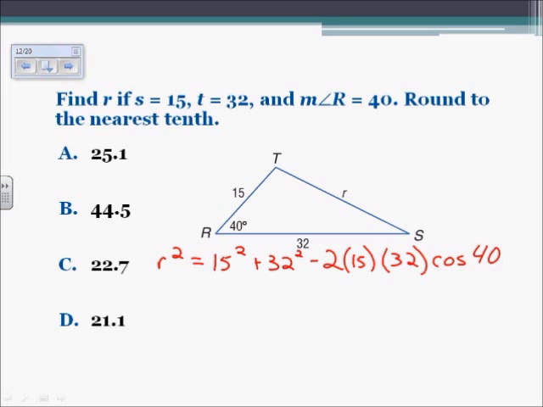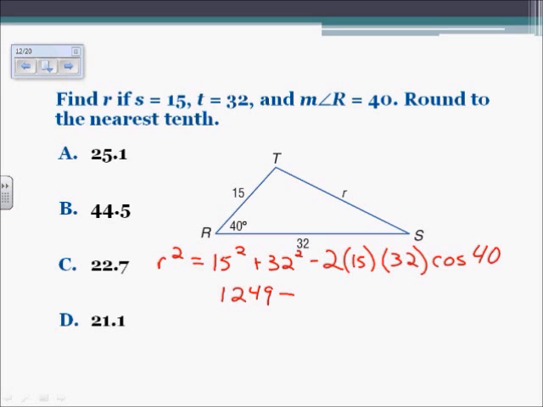Okay, simplifying here, let's take 15 squared plus 32 squared. So 15 squared plus 32 squared is 1,249. Once we have that, let's take that minus 2 times 15 times 32.